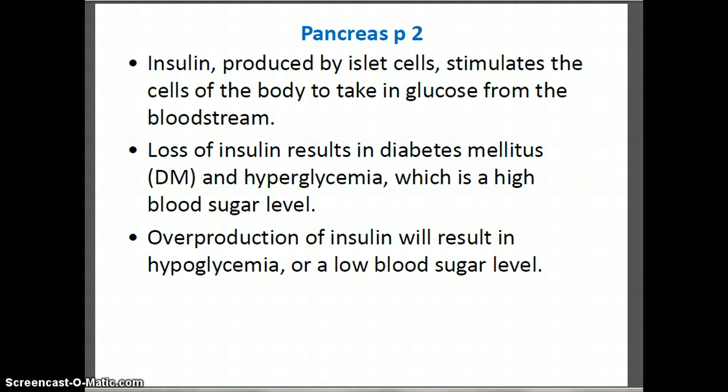And of course, in the cells, the glucose will be used for energy to conduct the work of the cells. Loss of insulin results in diabetes mellitus and hyperglycemia. And hyperglycemia simply means hyper, above, which is a high blood sugar level.